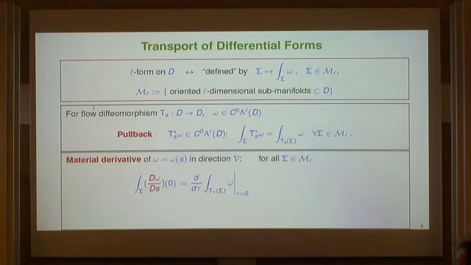Because, as you see, I consider this for any admissible test surface, for all test surfaces. This is why this is really a definition here. Because once I have fixed the value of a form for all test surfaces, I have defined the form completely.